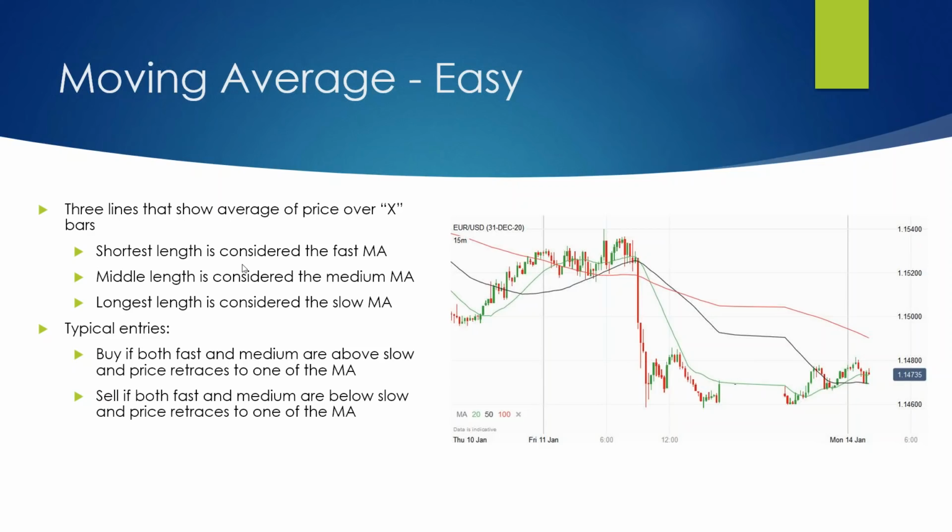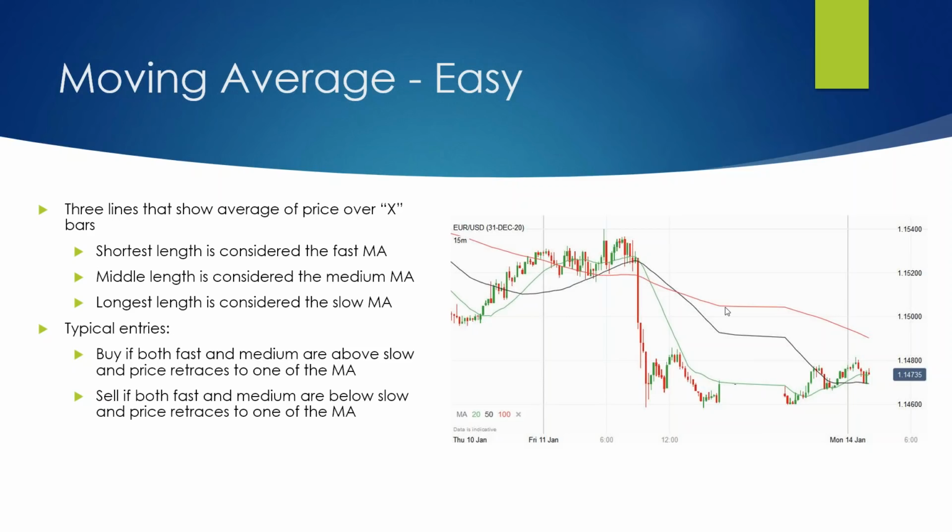The shortest length is considered the fast moving average, and that would be the green line on the chart. Then your middle length is considered the medium term moving average. So that would be this black line. And then the longest length is considered to be the slow moving average. That would be this red line.